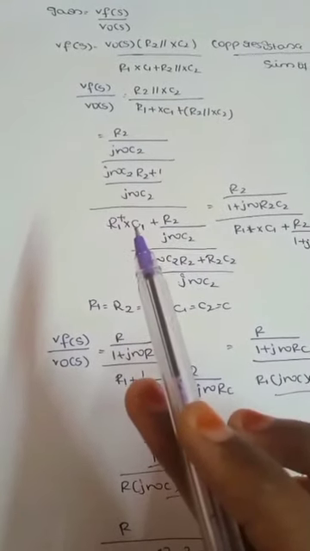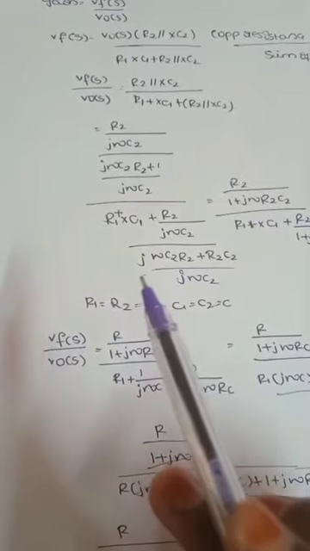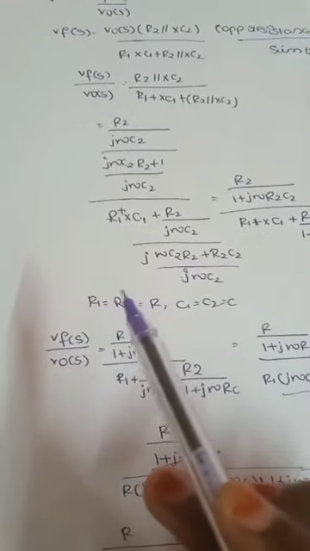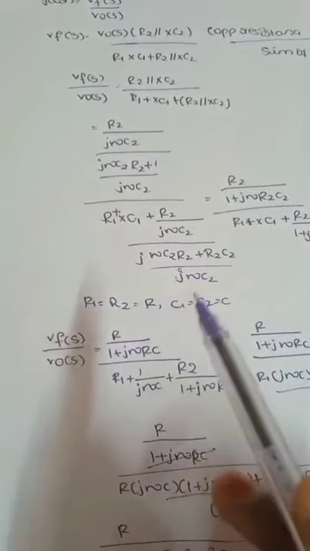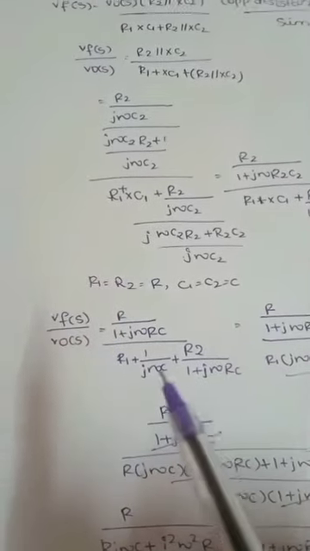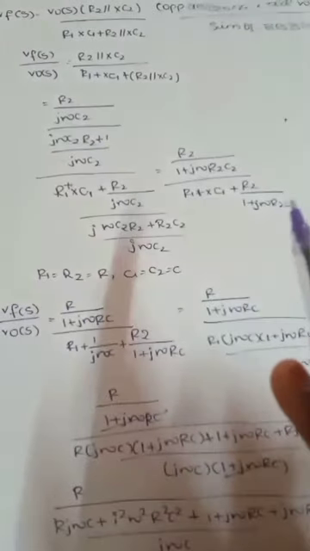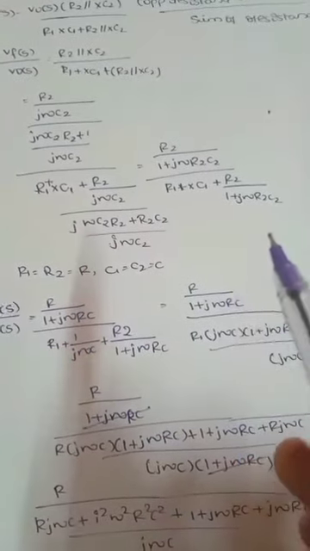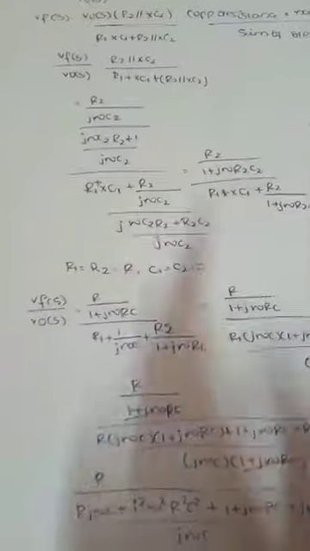Expanding, R2 by j omega C2 by j omega C2 R2 plus 1 by j omega C2, by R1 plus 1 by j omega C1 plus the same parallel term, equals R2 by 1 plus j omega R2 C2 by R1 plus XC1 plus R2 by 1 plus j omega R2 C2.